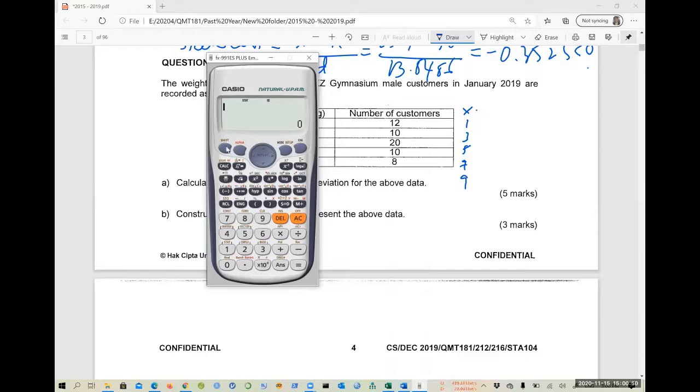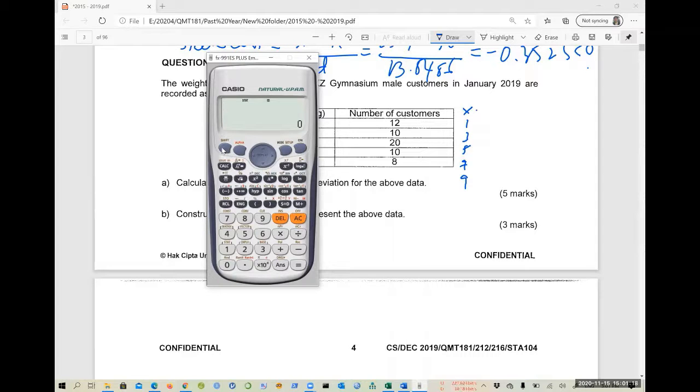So simply press shift mode, and a window comes up with the option of turning the frequency on and off. Scroll down and take number 4, that is frequency. Click number 1 to switch it on. Now you have switched on the frequency.